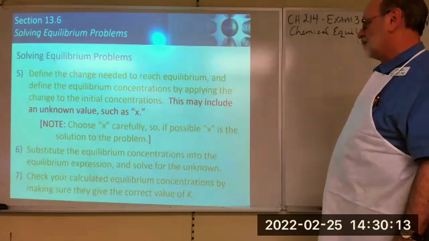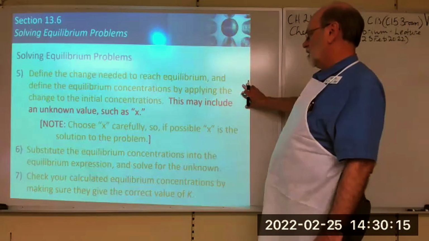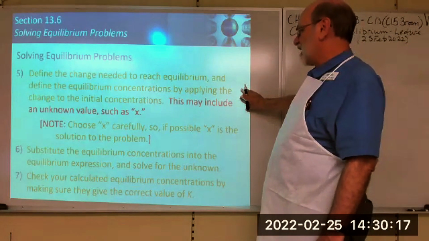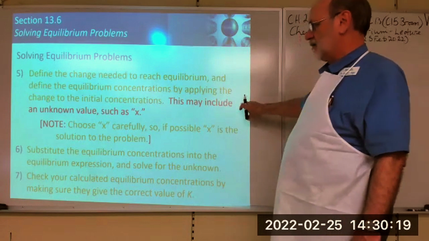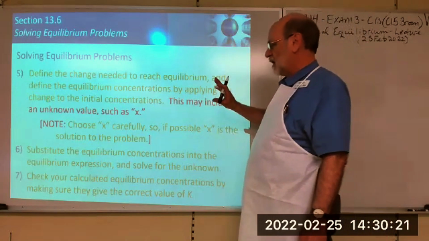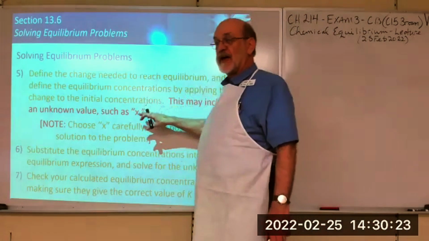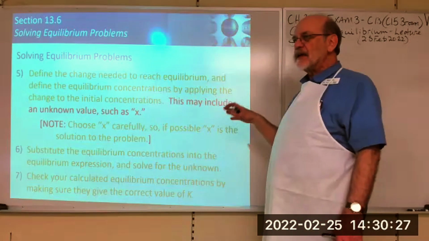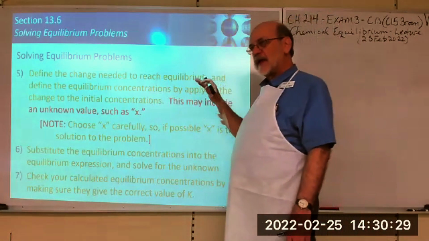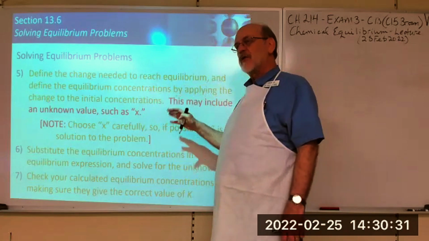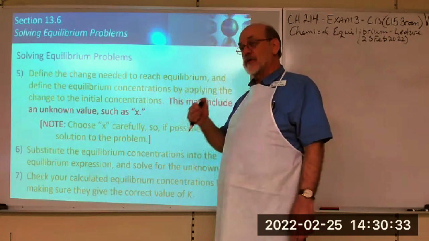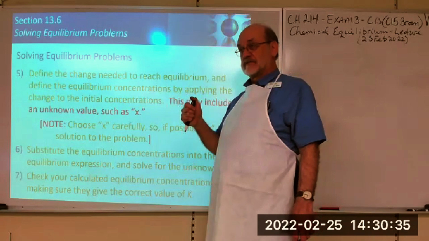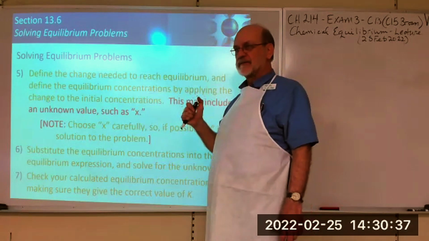Okay. Then set up your ice table and decide which way you are going, and where is your unknown value? It's best if you can set up your ice table and make X equal to the actual answer to the question, if at all possible.